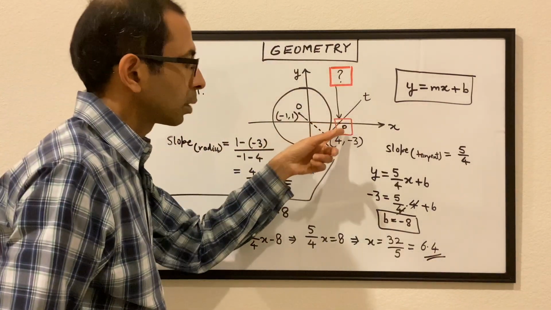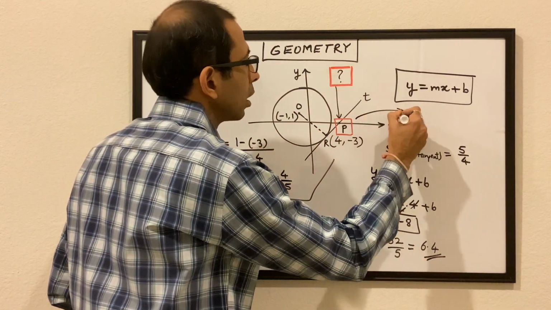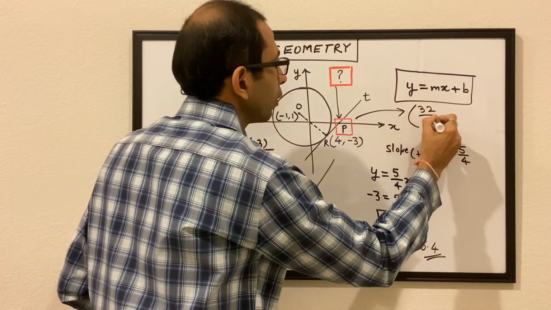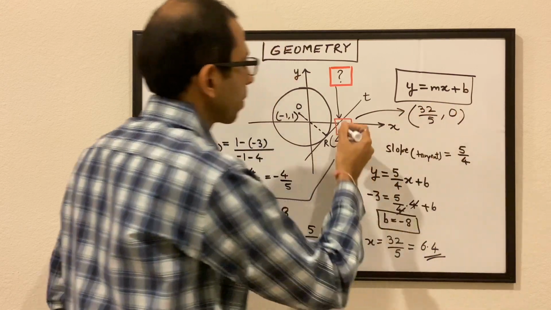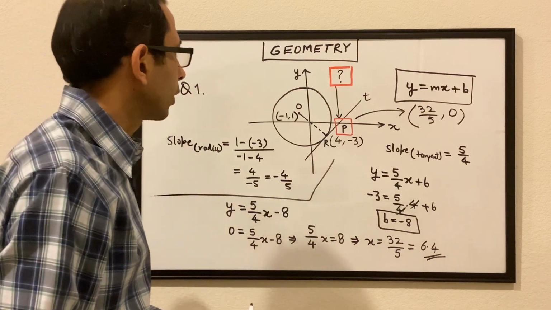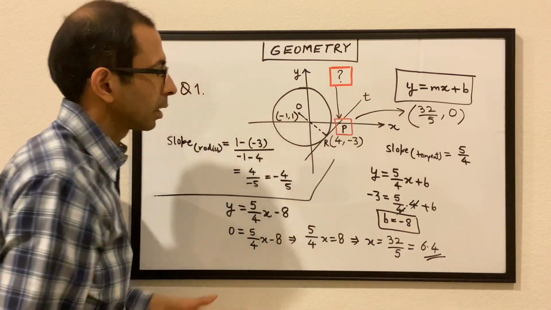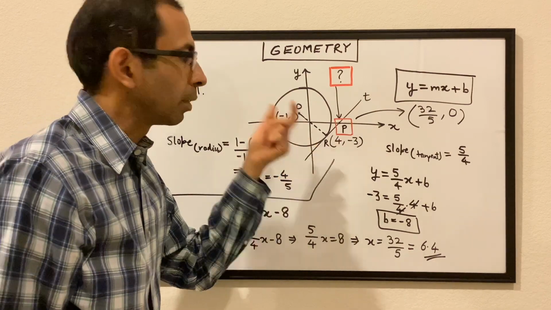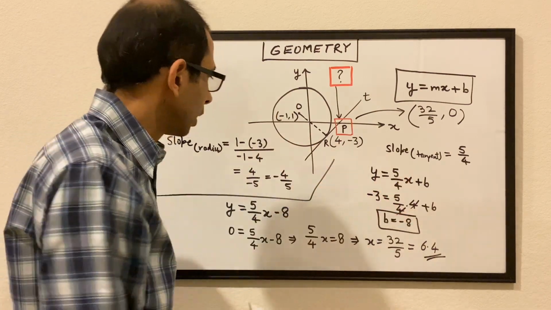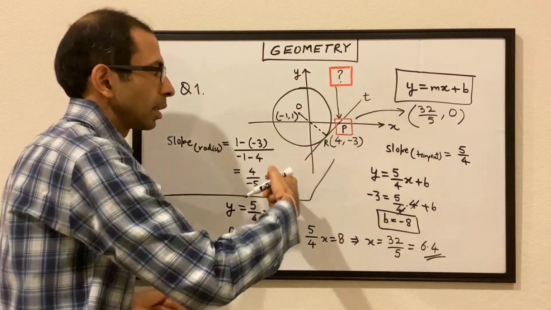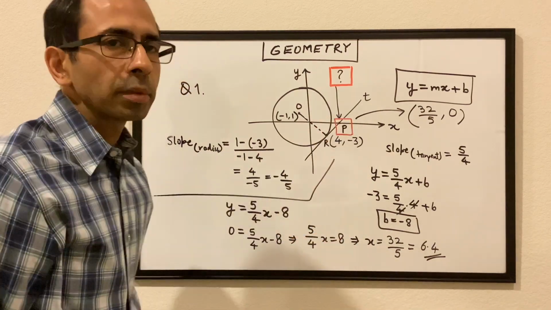So the coordinates of this point would be (32/5, 0), right? Again, just to quickly reiterate, we found the slope of the radius, hence we found the slope of this tangent line. We have a point on the tangent line, we used that to find the value of b, essentially the overall equation of this line, and then found the x-intercept.